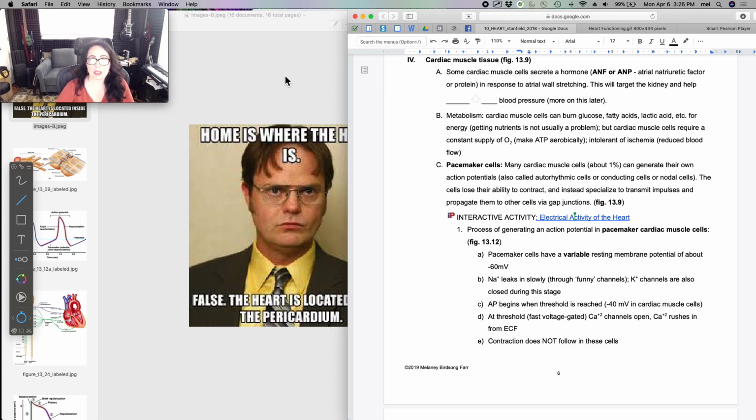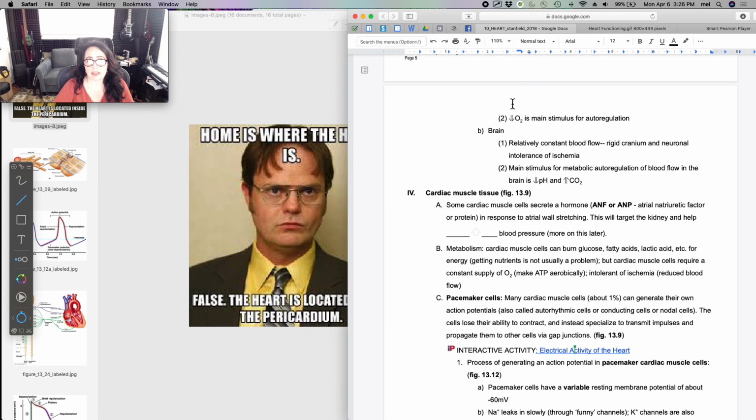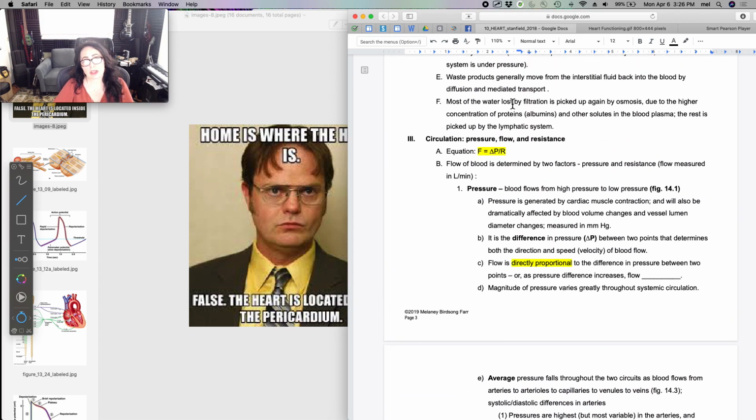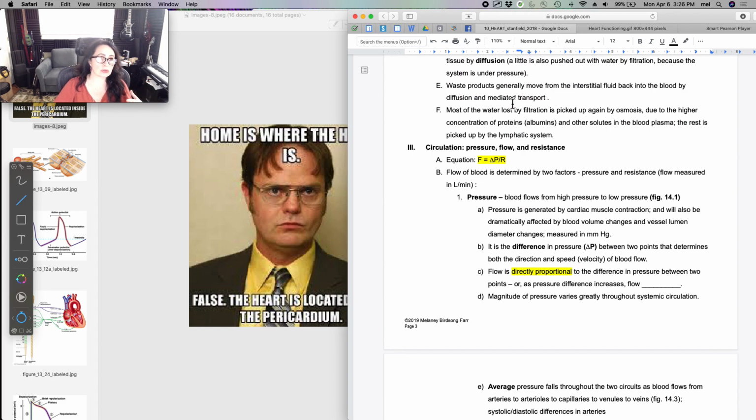So last time, what we did was we went through the overall physiological purpose of the cardiovascular system and the relationship between pressure, flow, and resistance.